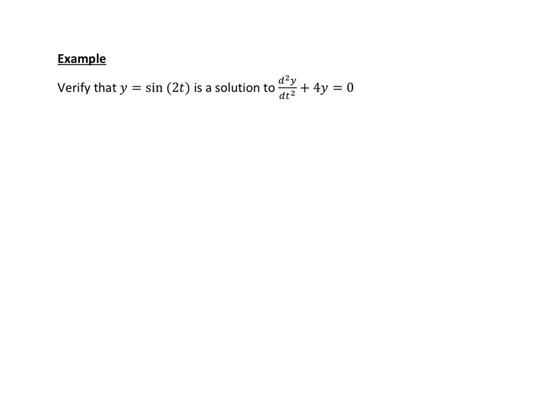This is another form of a differential equation, but here we're actually looking at the second derivative. So this is to verify that y equals sine of 2t is a solution to the second derivative of y plus 4y equals 0. So let's see. We want to start out by doing the two derivatives.